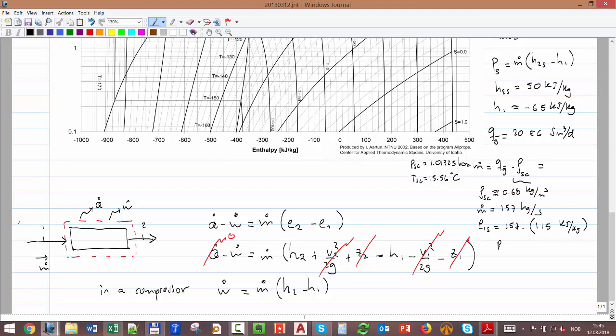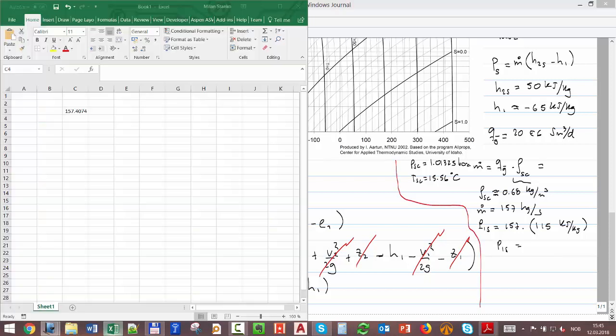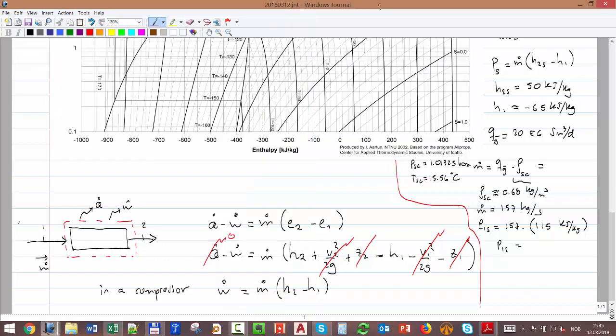Okay, and how much do we get? 18101 kilowatts. Okay, so that will be the compression power I need.